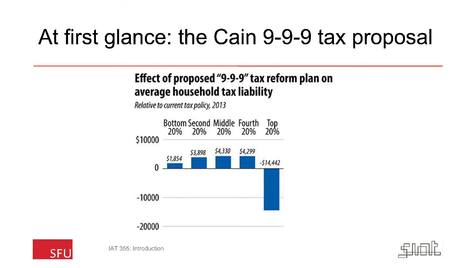That is to say, everybody pays the same percentage, and then some organizations analyzed that according to the bottom, second, middle, fourth, and top 20% of the income distribution, and they discovered that everybody outside of the top income distribution would experience a tax increase, and the top 20% would experience a significant tax decrease.